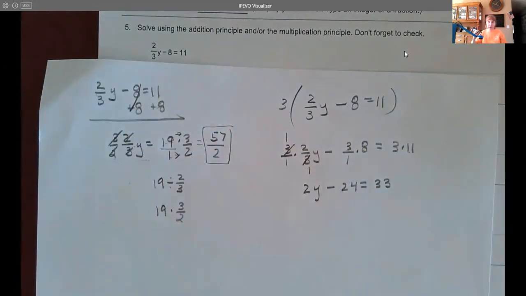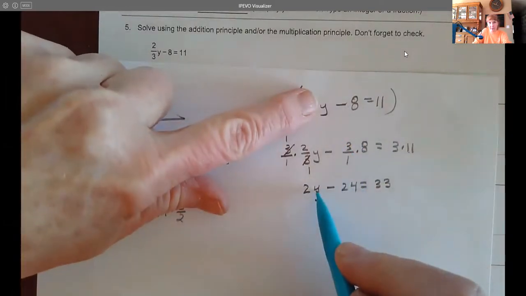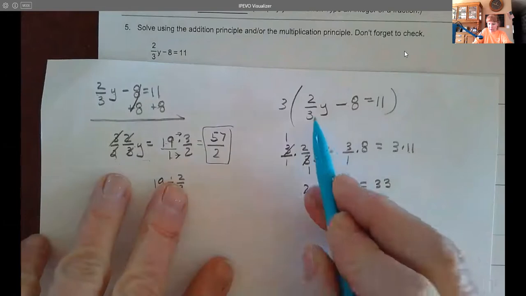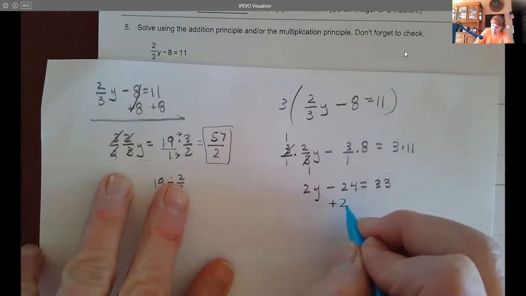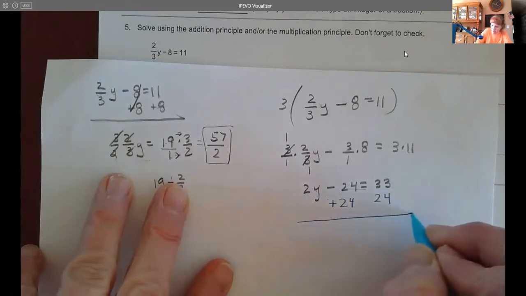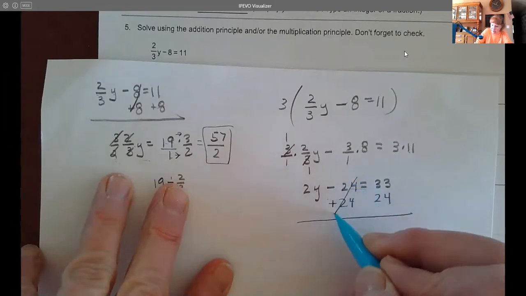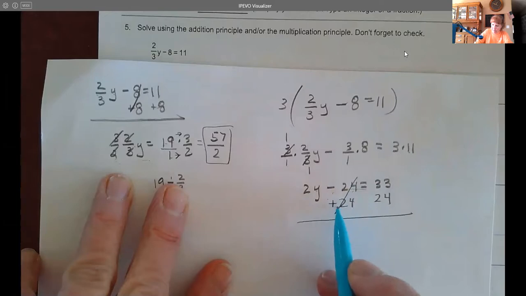All right. So that's my new equation. And the value of y has not changed, but the looks of the equation has changed. These y values represent the same number. I've just changed the looks of my equation. So I'm going to add 24 to both sides. So this is a two-step. Get rid of what's being added or subtracted first. So we have adding the opposite, negative 24, positive 24.